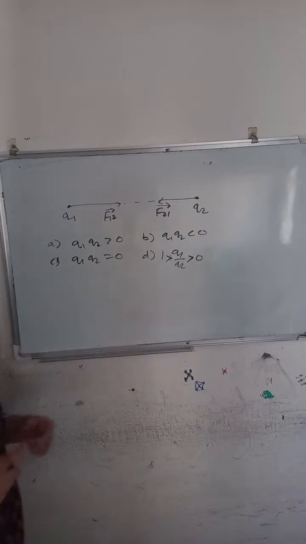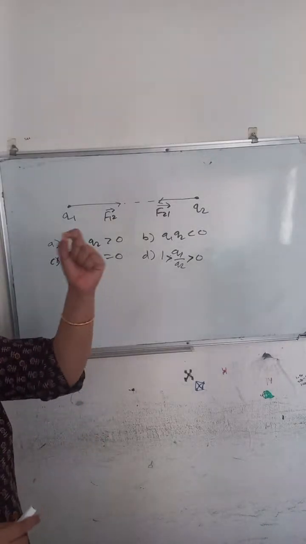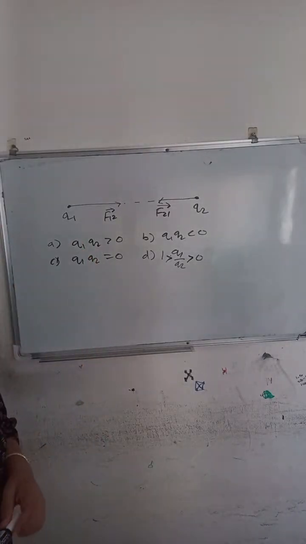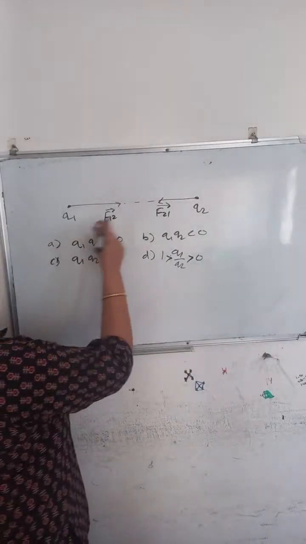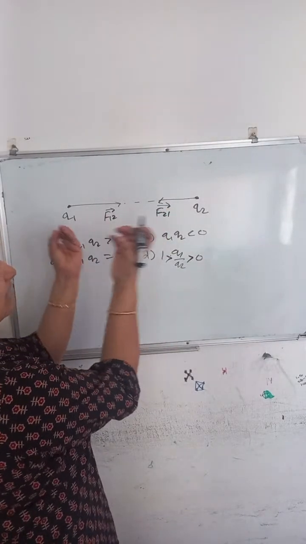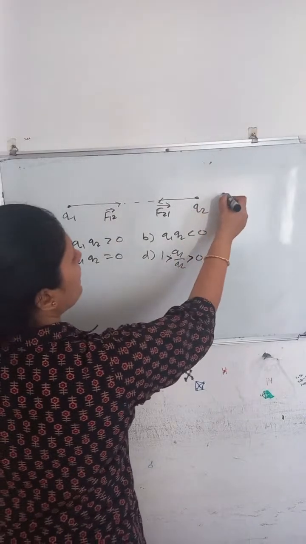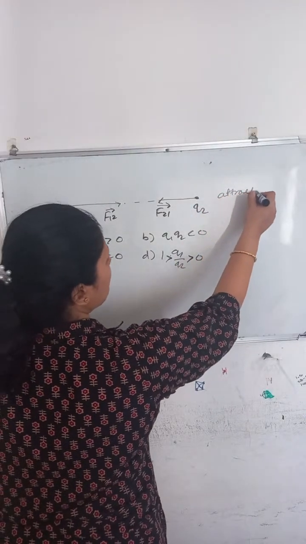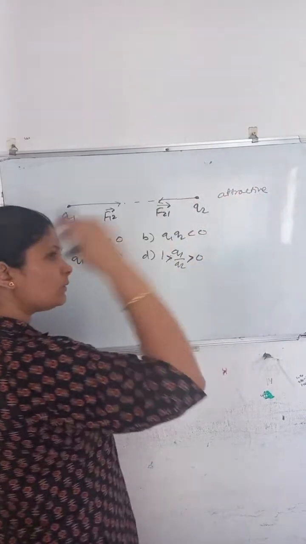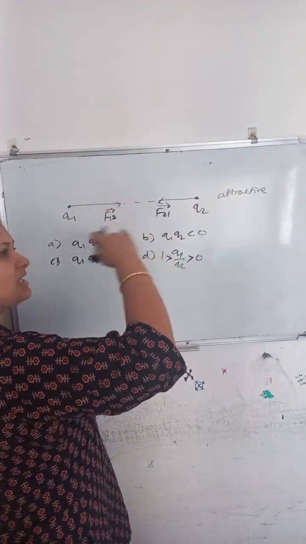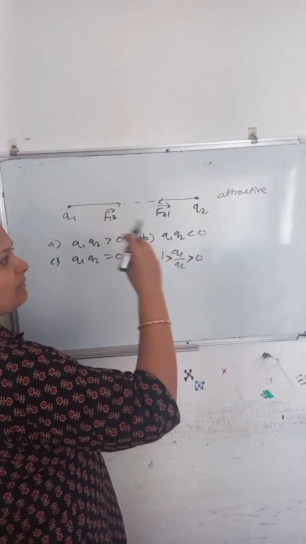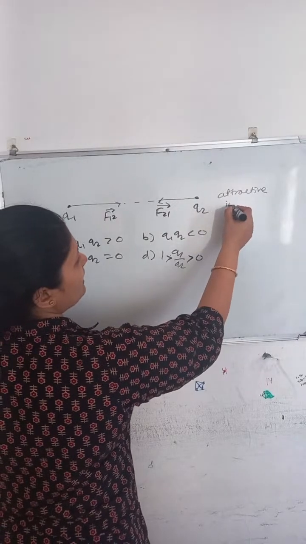This is a question based on the very first topic of this chapter. Here Q1 and Q2 are coming closer. That means these charges are attractive in nature. It's very important how to find the answer, apply the steps one by one. So these are attractive in nature.